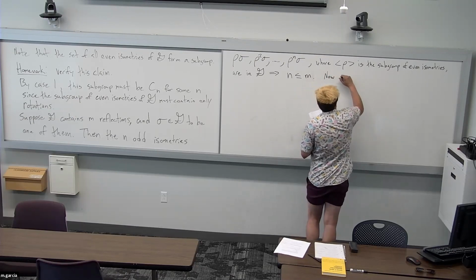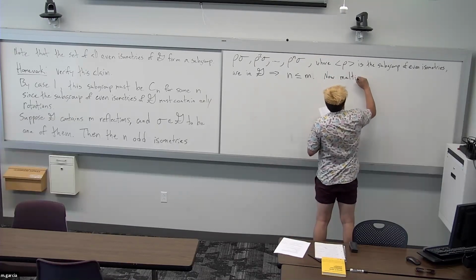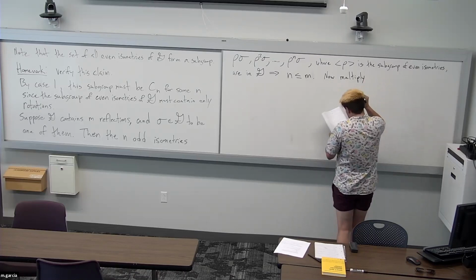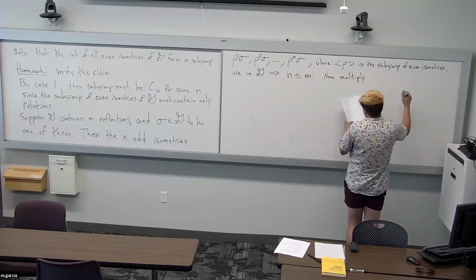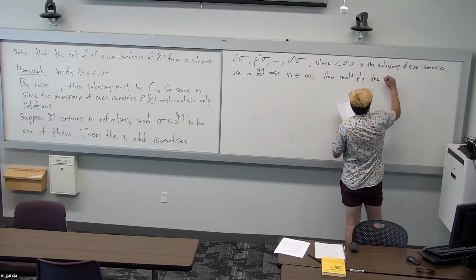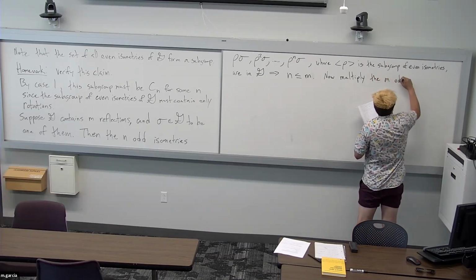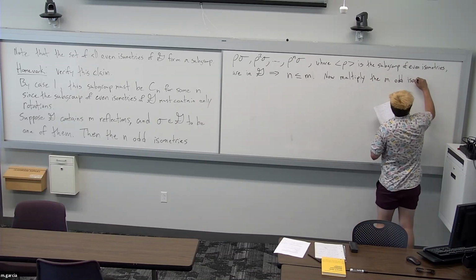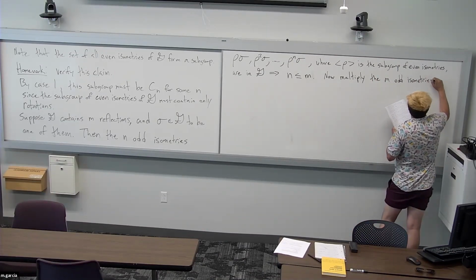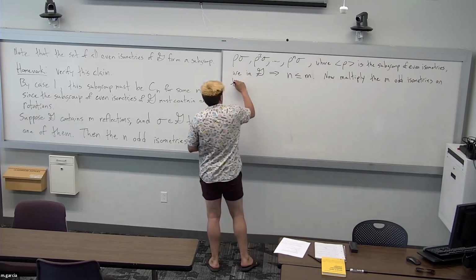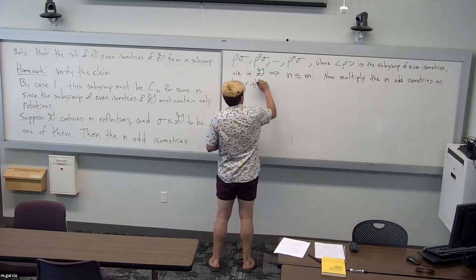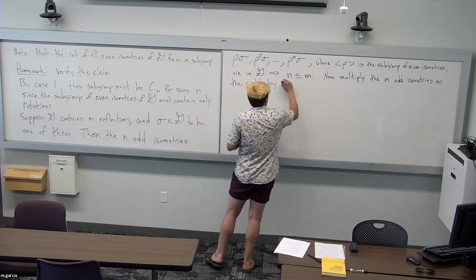So now multiply the m odd isometries on the right by sigma.